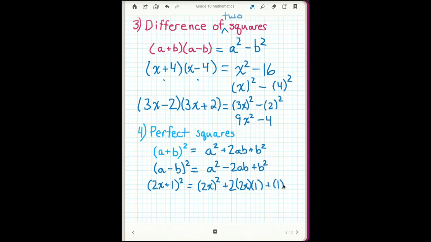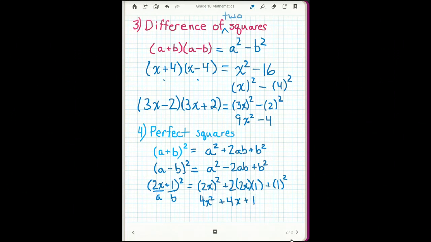That's 1 squared. So I treat this part as A and this part as B, and then I plug into the pattern. Still have to multiply this out. 2x times 2x is 4x squared. 2 times 2 times 1 is 4, a single x. And 1 squared is 1.